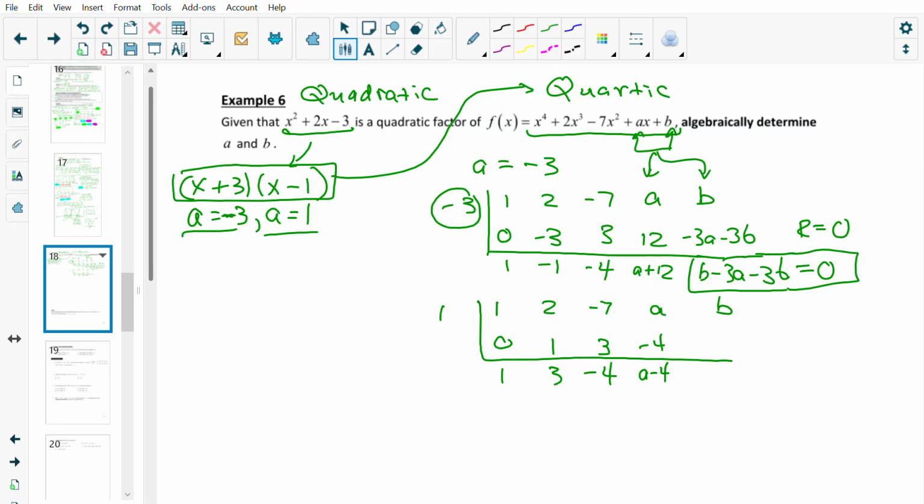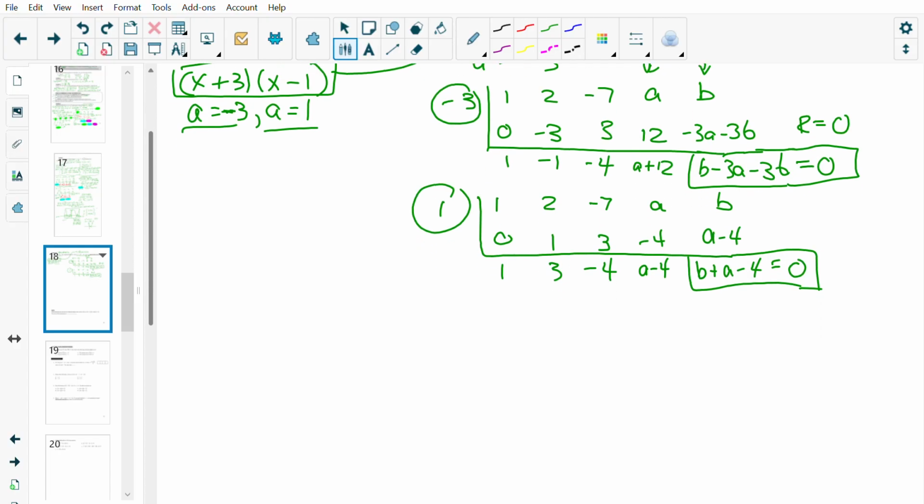A plus negative 4 is a minus 4. And then 1 times a minus 4 is a minus 4. B plus a minus 4 is b plus a minus 4. And because this is a factor, the remainder must equal 0, so I'm going to say equal to 0.